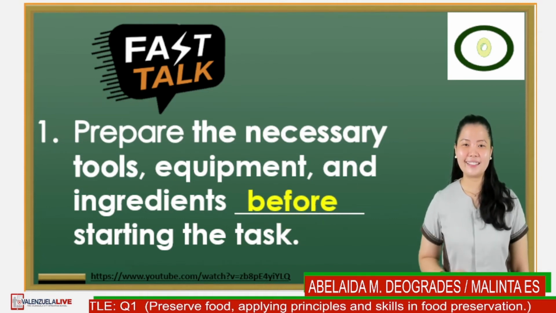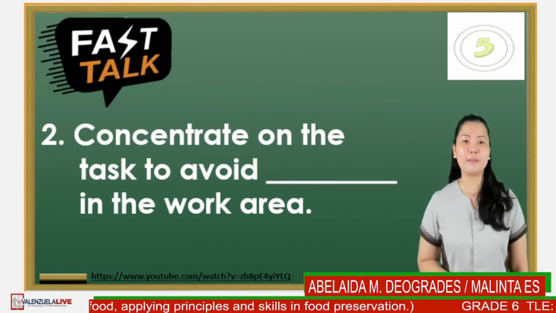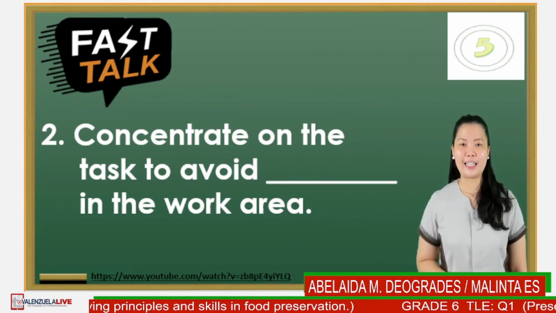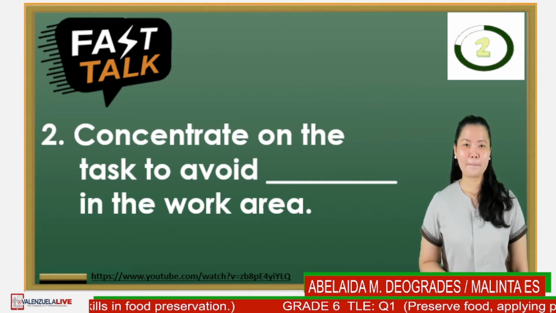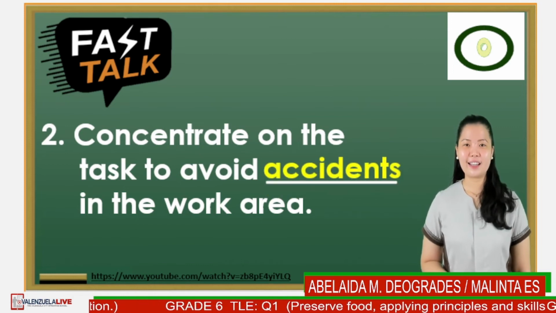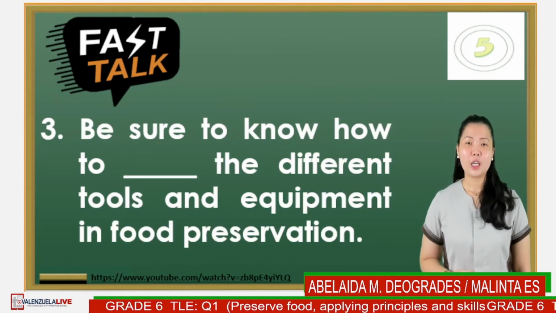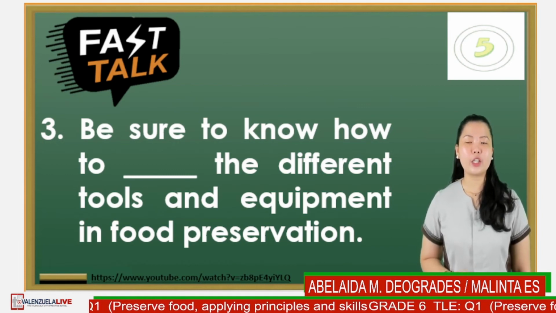Well done. Number 2, concentrate on the task to avoid blank in the work area. The answer is accident. Number 3, be sure to know how to blank the different tools and equipment in food preservation.